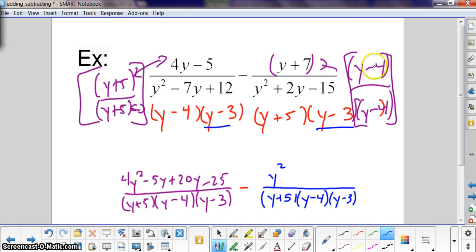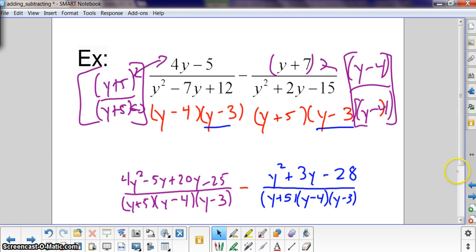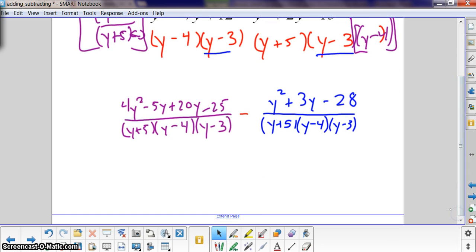y squared minus 4y plus 7y gives me a plus 3y, and then minus 28. Notice here I have a fraction minus a fraction, so I need to remember to distribute that negative sign all the way through. I'm going to combine my like terms at the same time as well. So let's see how that looks.